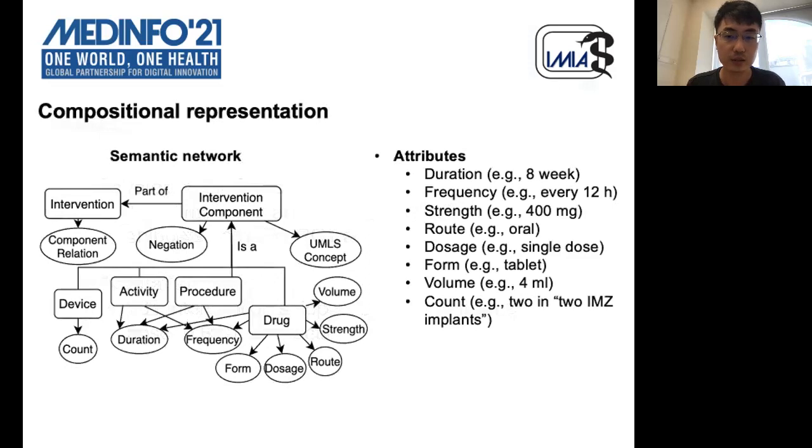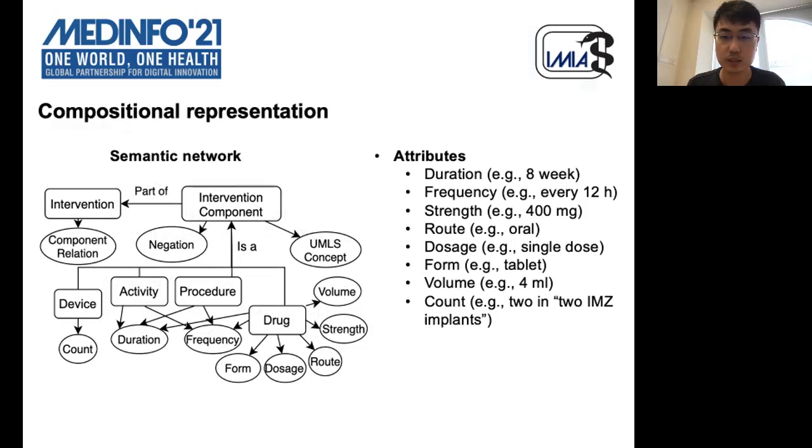Here, the left figure shows the semantic network of the compositional representation. Each intervention contains one or more intervention components. An intervention component is an atomic treatment entity represented with its negation status and modifying attributes.